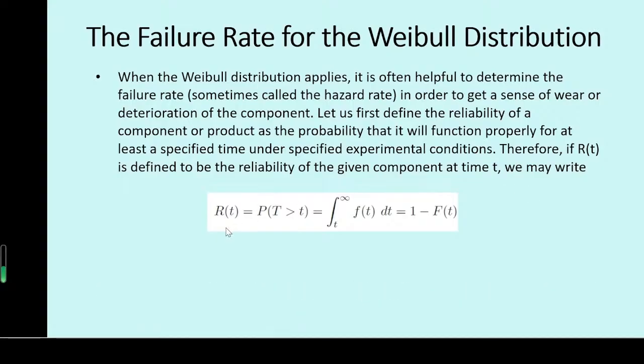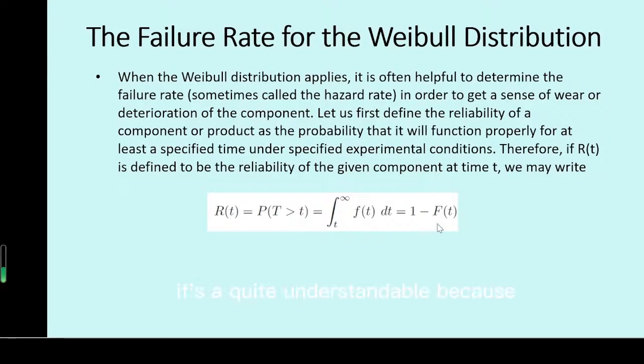So the reliability of any component is the probability that it lasts longer than t, right? It actually is the integral of the density function from t to positive infinity. So it equals 1 minus F(t).